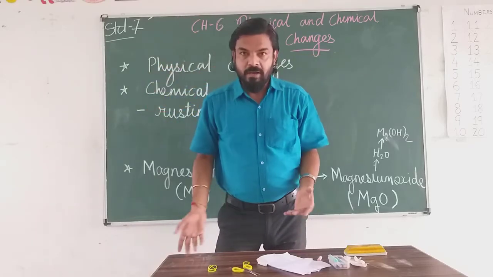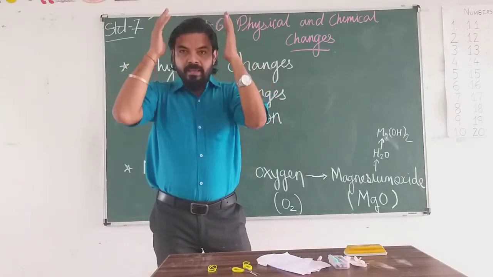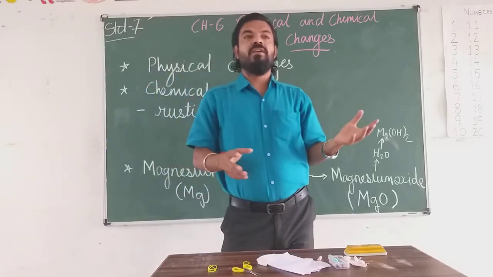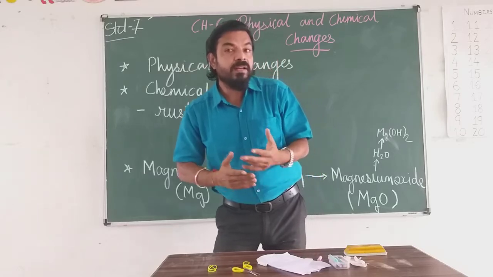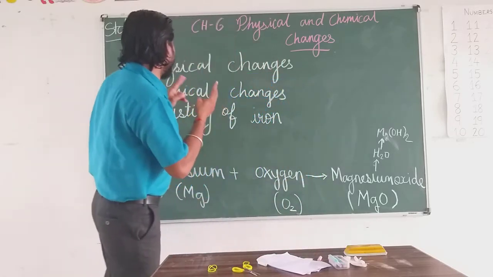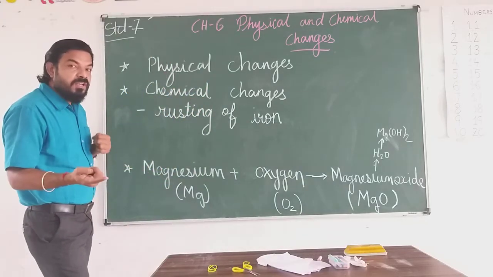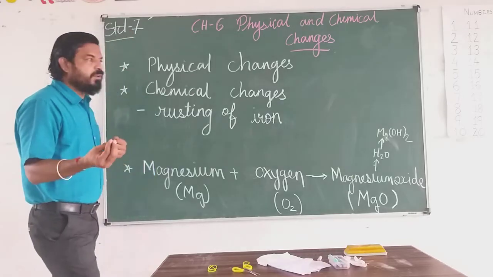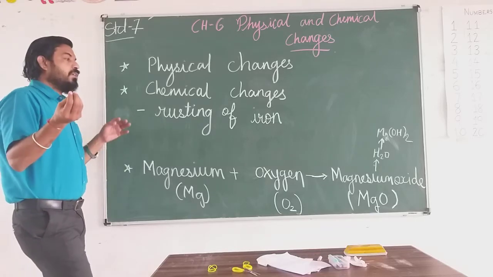Maybe it is the environment or the chemical components present in it. So when it changes and gives a new substance, that is called chemical change. Whenever two substances mix together and give a new substance after the reaction, that is called chemical change.